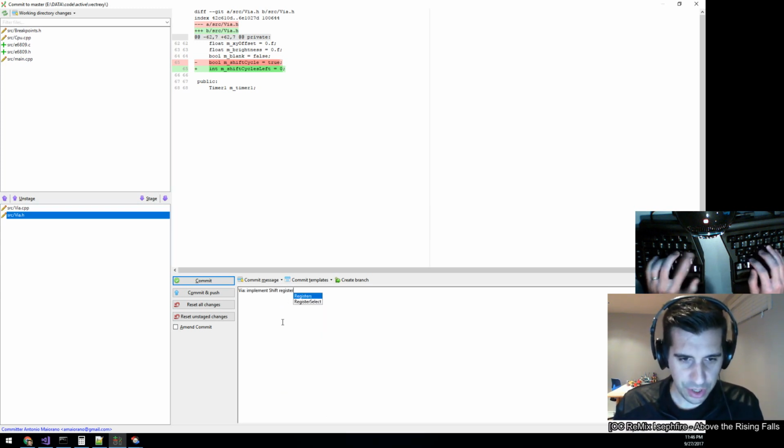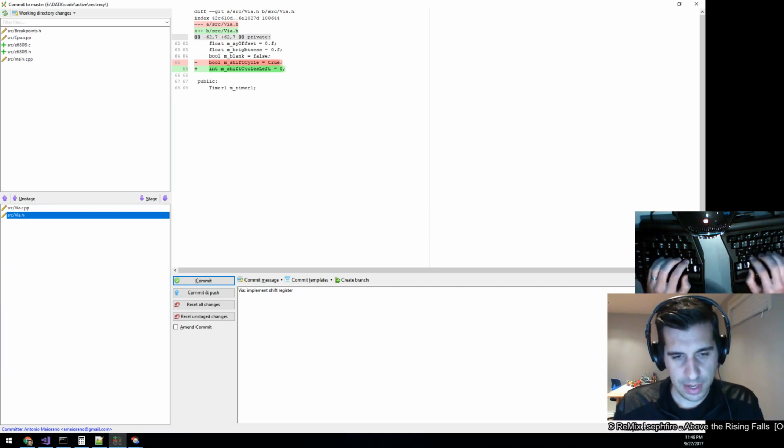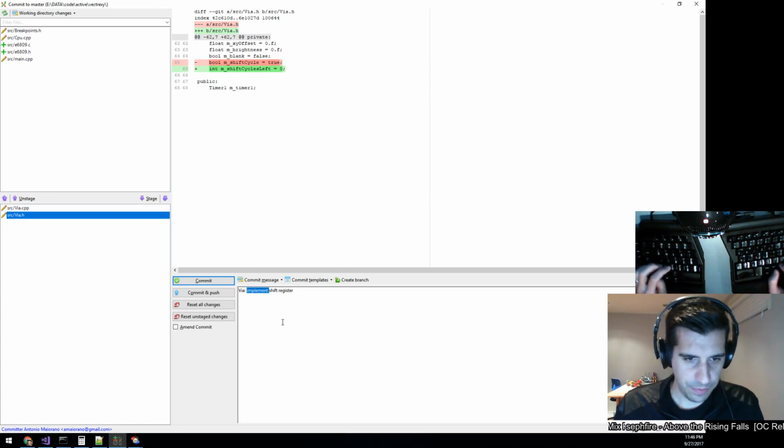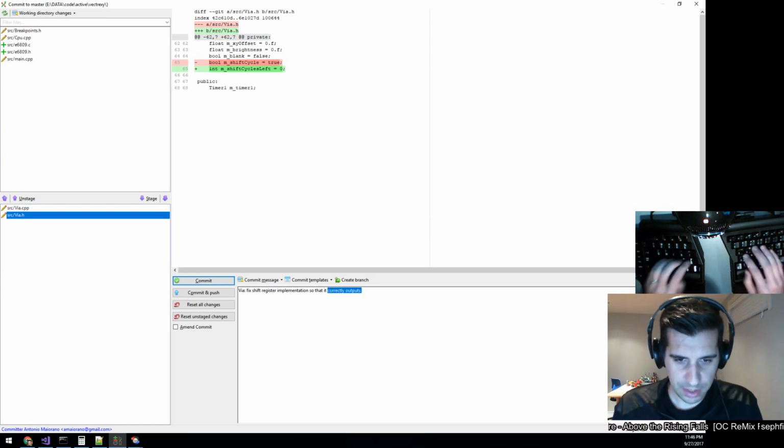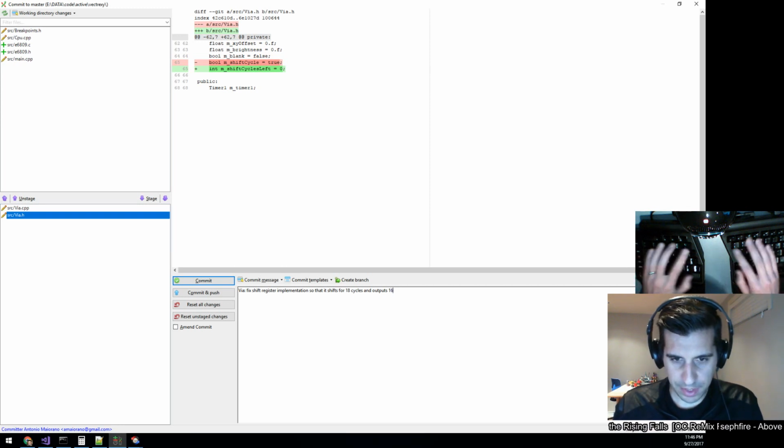Implement shift register, no, fix shift register implementation so that it correctly outputs, so that it shifts for 18 cycles and outputs the last shifted out bit twice.